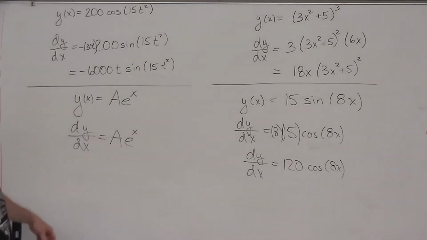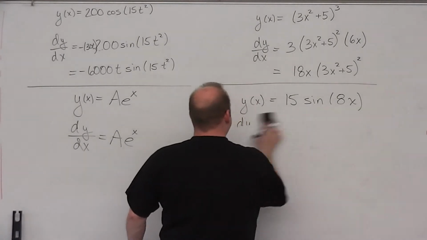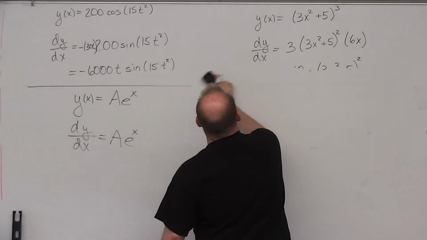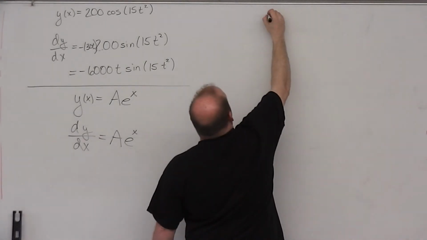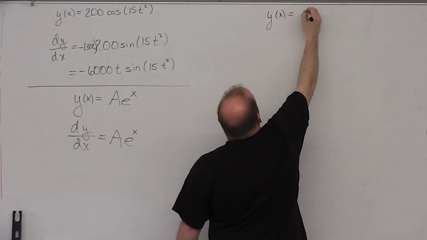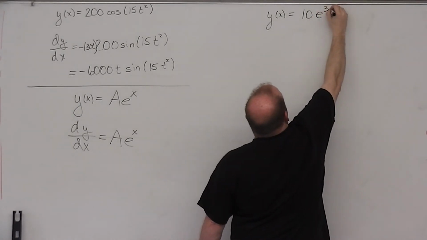There are more complicated examples that we have to use the chain rule for. Let's just say y of x is equal to 10 e to the 3x.